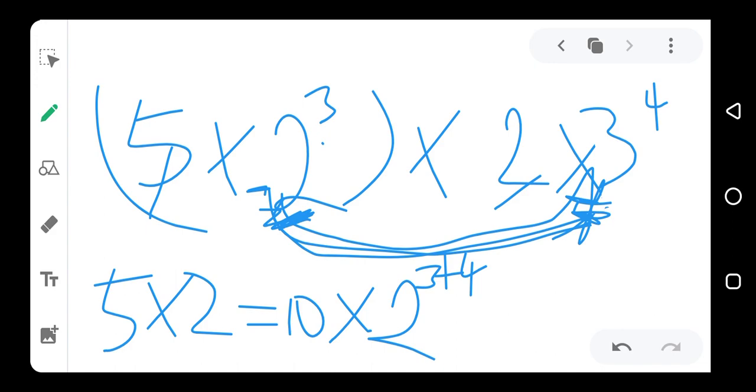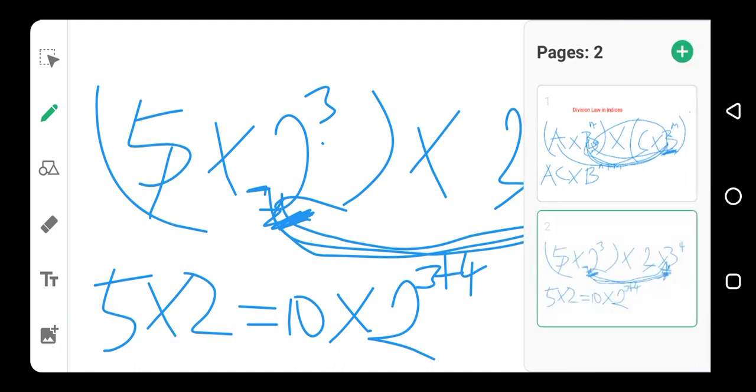Alright, so let's go to division. Now for division, if we have different indices that we want to divide, we divide the bases and then subtract the powers: the power of the numerator minus the power of the denominator.